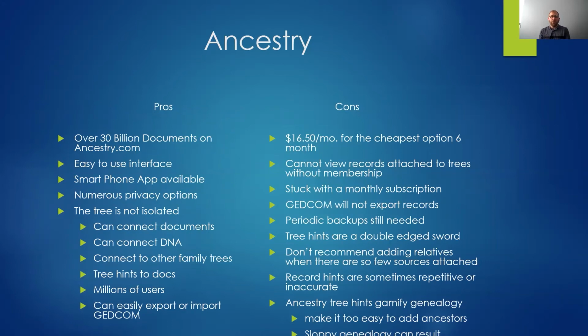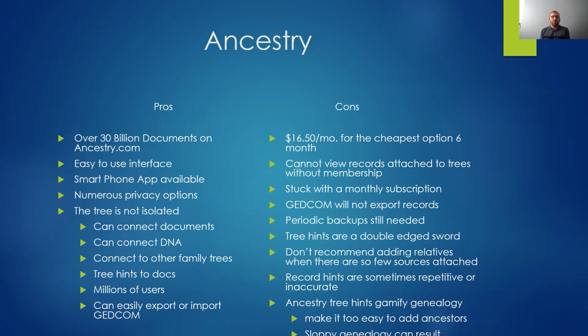Ancestry being enormous, they have about 30 billion documents. That's a lot. You can do so much research on Ancestry. I don't even think that 30 billion accounts for Newspapers.com and some of the other databases that they own. It's really quite easy to use, and it's got a really attractive interface. That is definitely a plus to Ancestry.